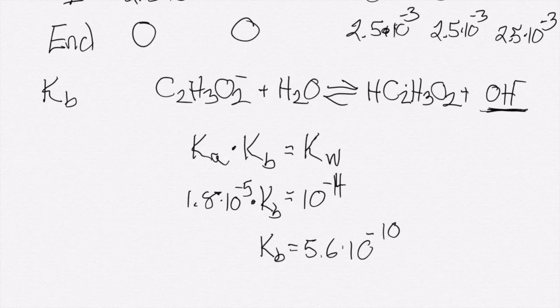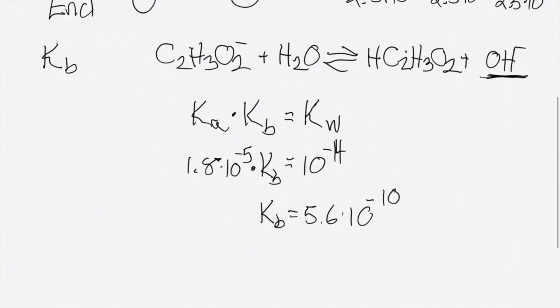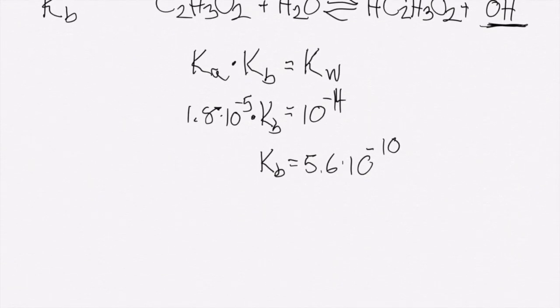So there we go, we've got Kb. Now, how do we figure out the pH? Well, we're going to have to go through and do an ICE table. So I'm just going to quickly rewrite this equation so we can do an ICE table under it.